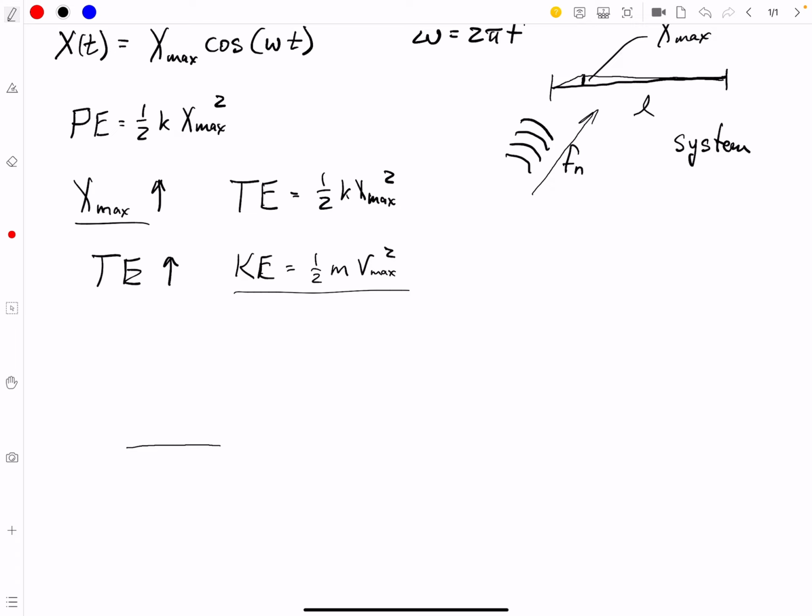We're looking across the bridge from one side to the other, so all we can see is a flat bridge like this, and it has a width of L. What I'm talking about right now is figure 16.28 in your book.